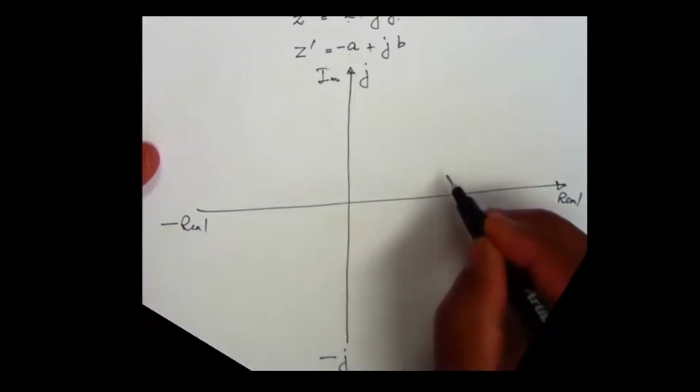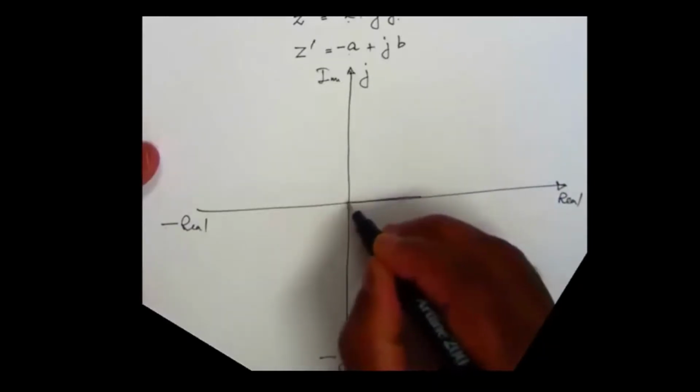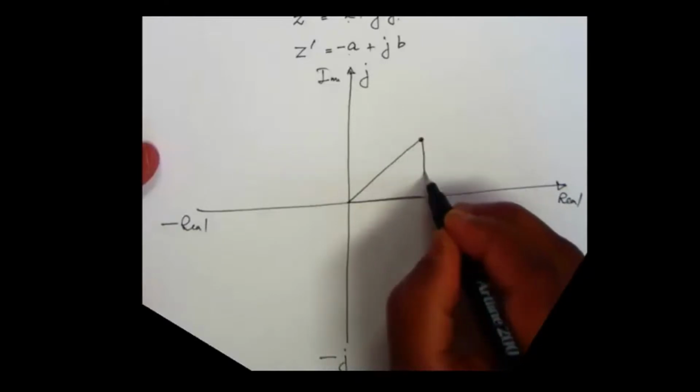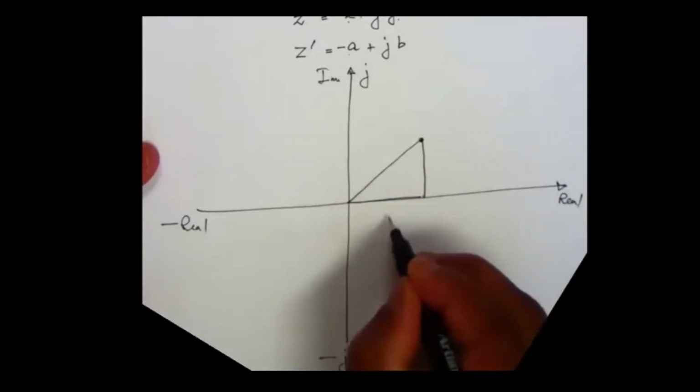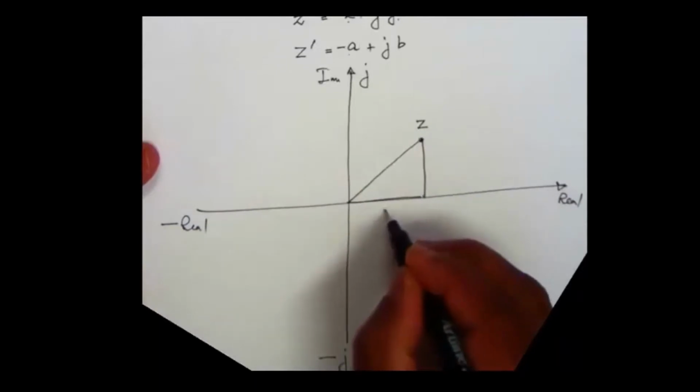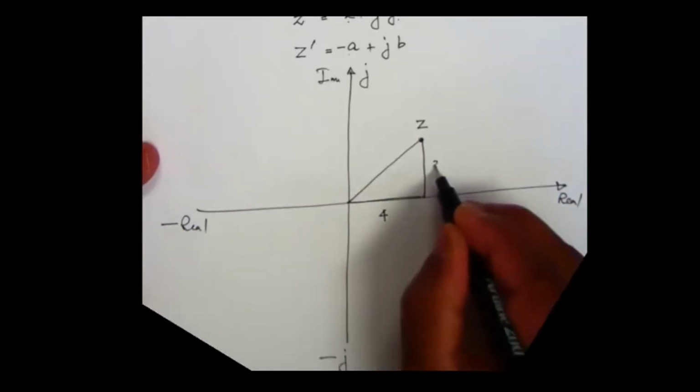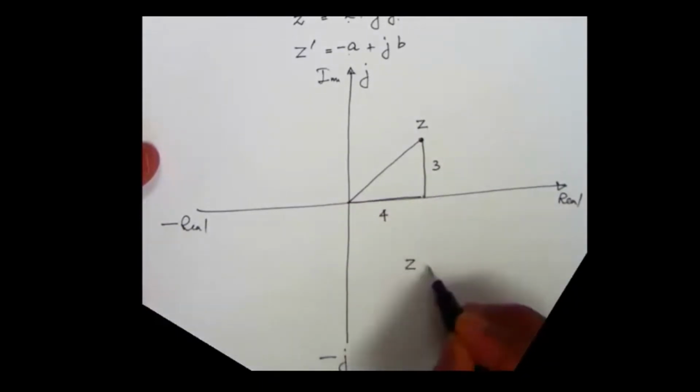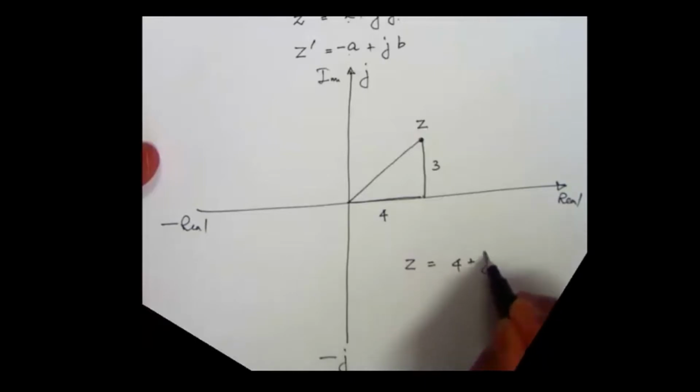So let's take some real values. Okay, we'll have a vector here, and that is say z, and shall we say this is 4 and this is 3. So we can say z is equal to 4 plus j3.